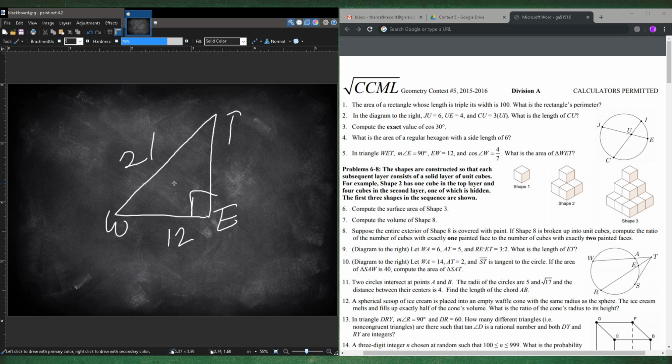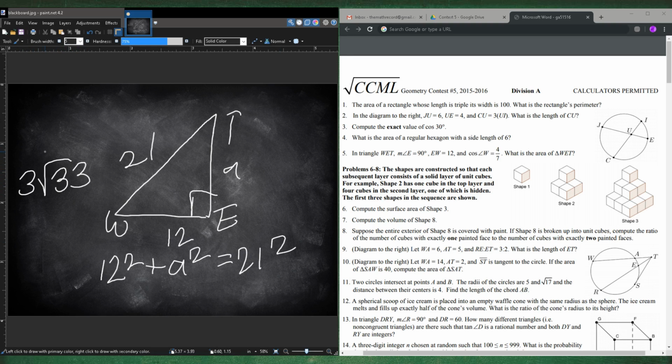We already got this, so we could use the Pythagorean theorem, which tells us that 12 squared, let's call this A, plus A squared is equal to 21 squared. So using your calculator, you have 21 squared minus 12 squared, and then you square root it, which is just 3 square root 33, basically.